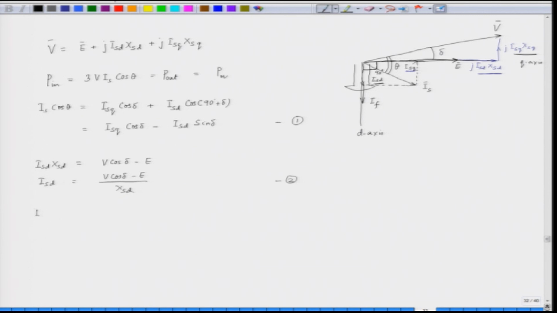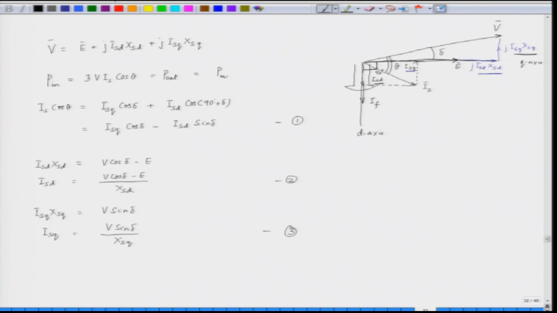So, Isq Xsq is equal to V sin delta. So, what is Isq? Isq is equal to V sin delta by Xsq. This is our equation number 3. So, we have equation 1, equation 2 and equation 3.